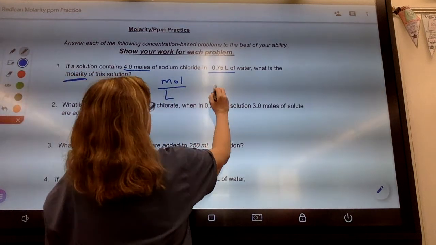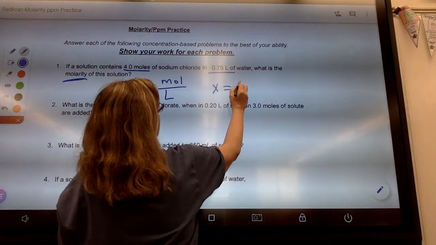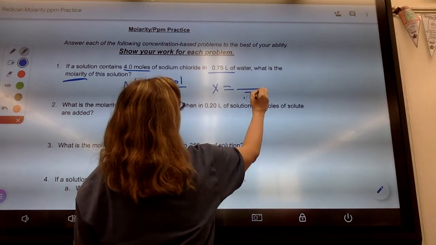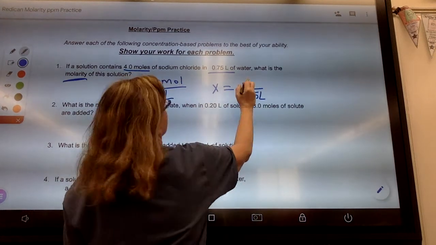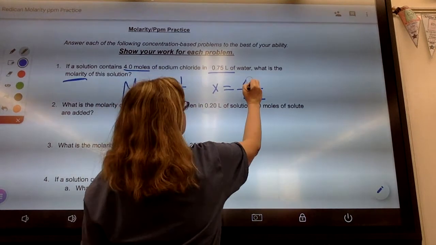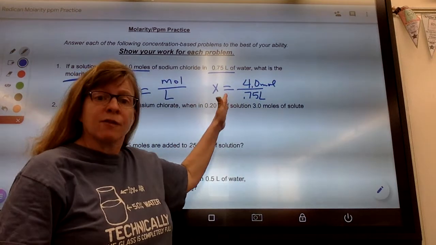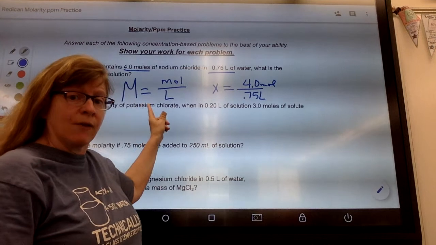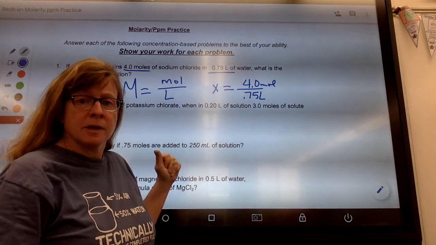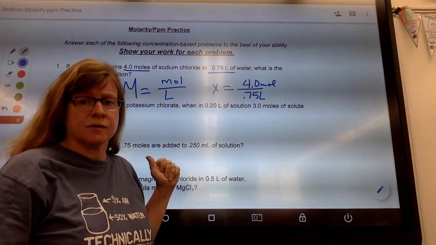To set this up, I don't know the molarity. I know the liters, and I know the moles. This is what I'm looking for when you set it up, that you can put every number in its correct spot, because people are putting numbers in random places.